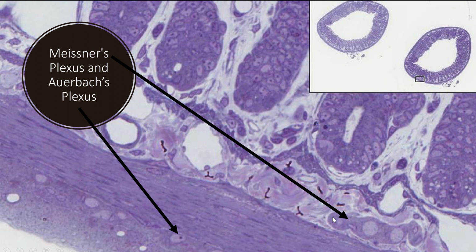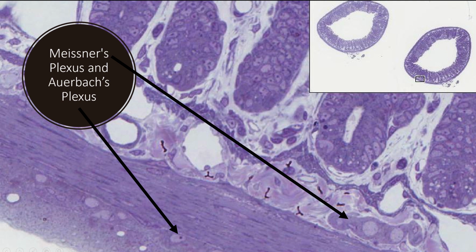So here are some more examples of nerve in your body. So this is in the small intestine. And you can see here down at the base of the small intestine, we've actually got some little nervous tissue. The one that's going to be on the innermost portion is going to be the Meissner's plexus. And don't get that confused with the Meissner's corpuscle, right?